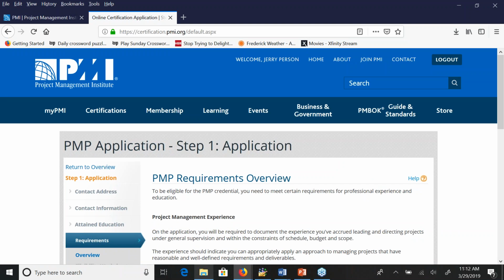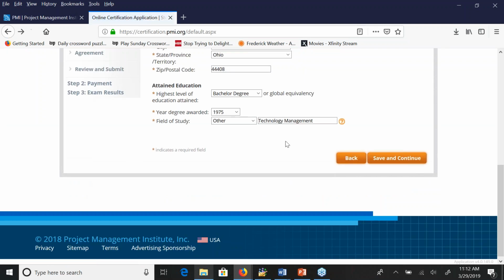The diploma, well, it's interesting you said the diploma also works. Now, let me back up a slide if I might and go here. Notice what it says. It says highest level of education attained or global equivalency. So if they call it something different in the country from which you came, that's fine, as long as you know what it is.